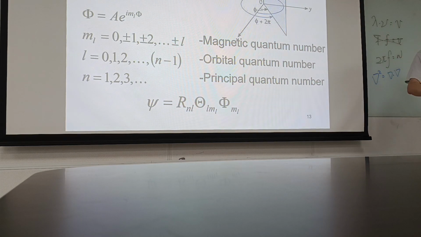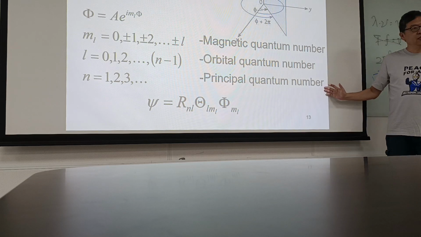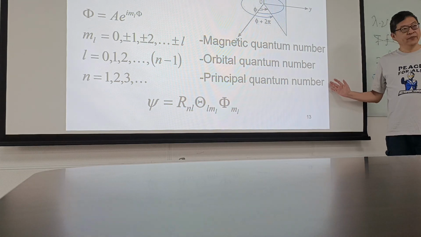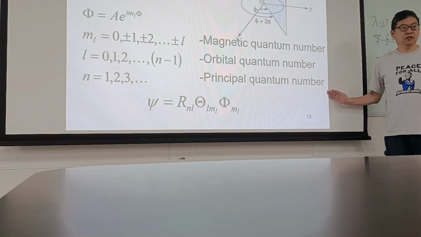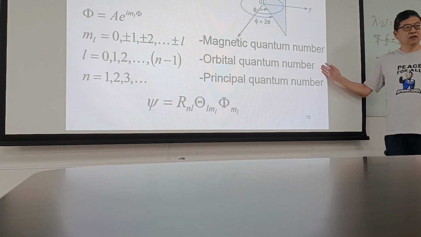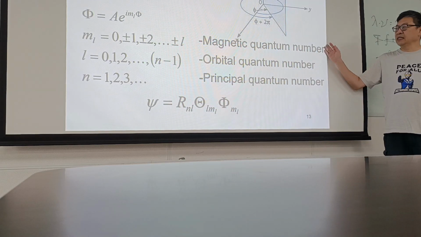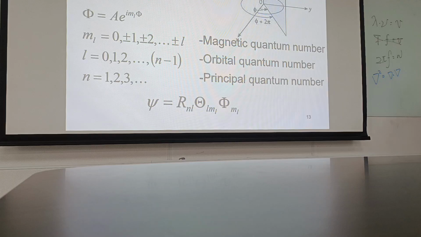Inside a potential well, you have different states. Different states represent different energies. So the principal quantum number indicates the energy of the electrons. This one is for orbital momentum, and this one is for magnetic energy. I'll explain this later.